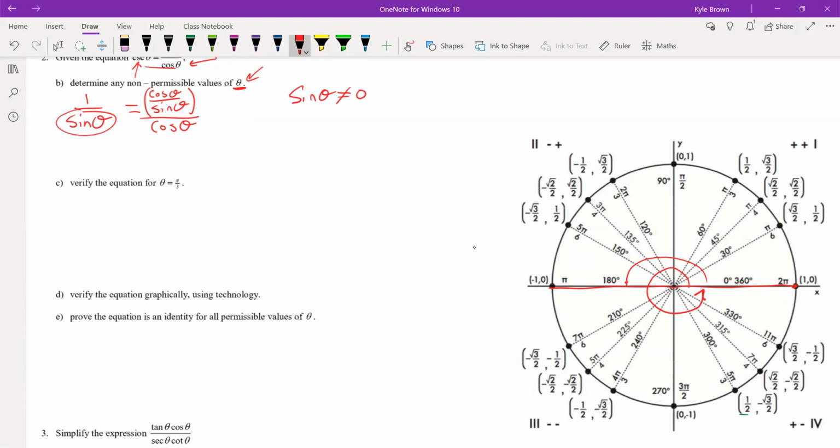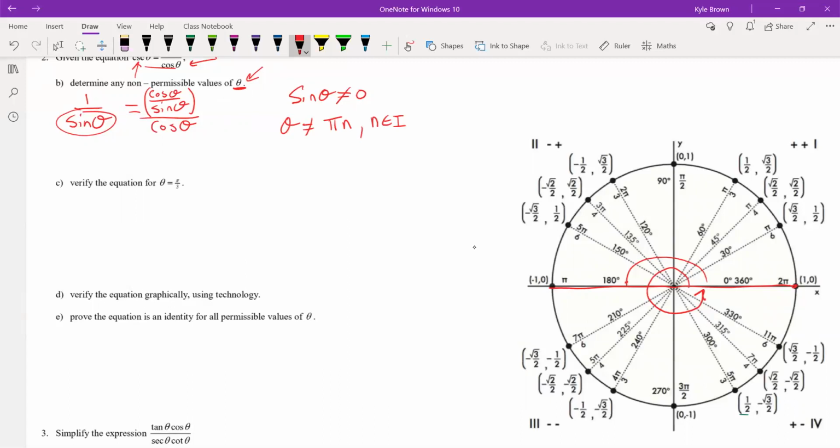So what you'd say is that for this part of it, the angle is not allowed to equal, and I'll write it this way, pi n, where n is a member of the integers. Let's just figure out what that means.